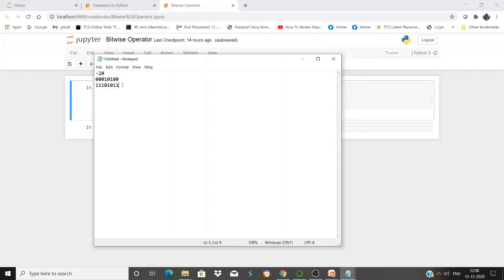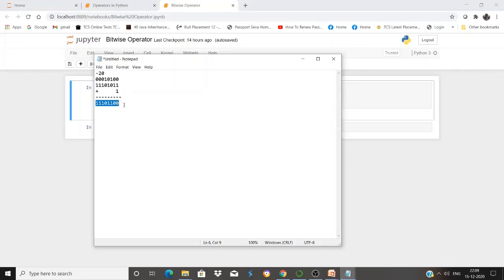Now we have to add 1 to this binary to get the 2's complement, right? We add 1 to it, and this is the binary number that we get. So our first step is completed. That is, we have converted the negative decimal number to its binary representation.